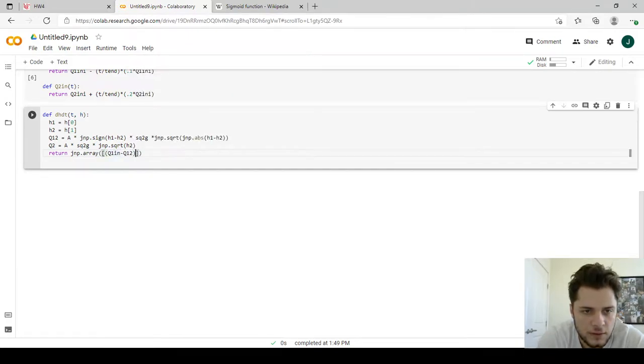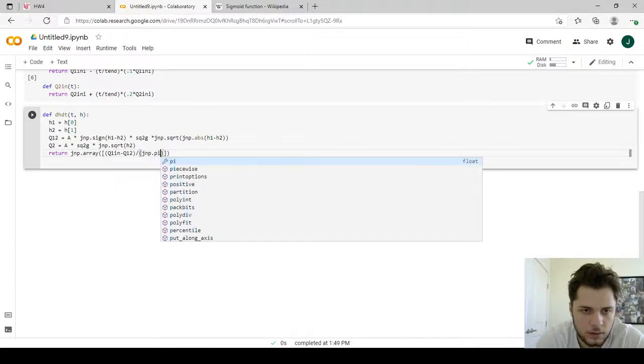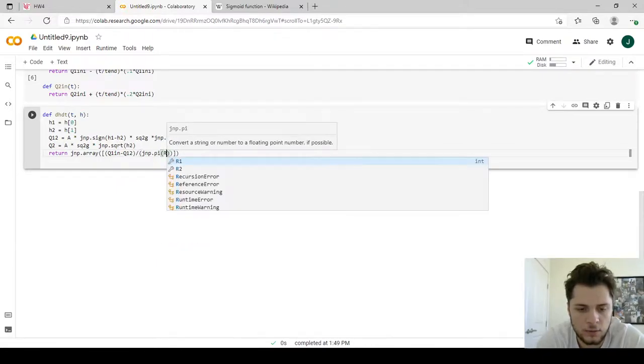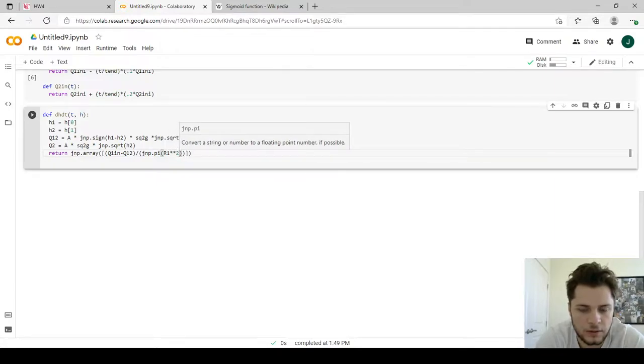And then this is going to be divided by the cross-sectional area that I was trying to define, so pi times R1 squared minus H1 minus R1, and then that is going to be squared.